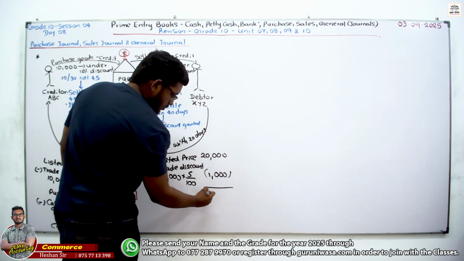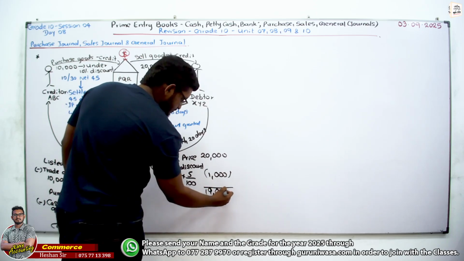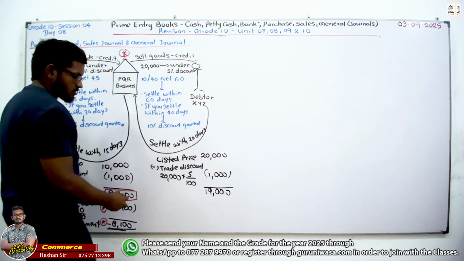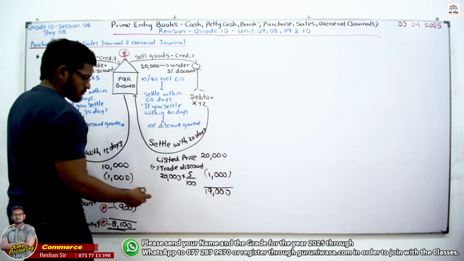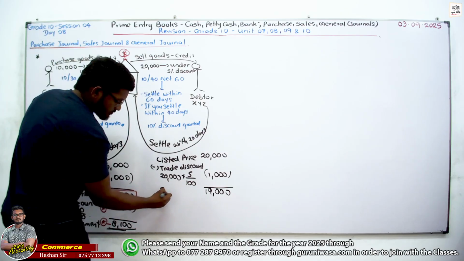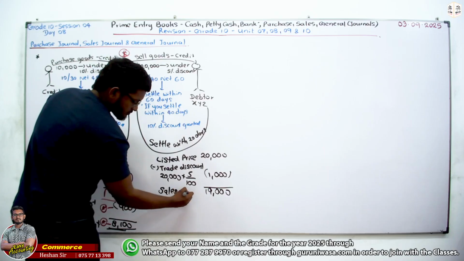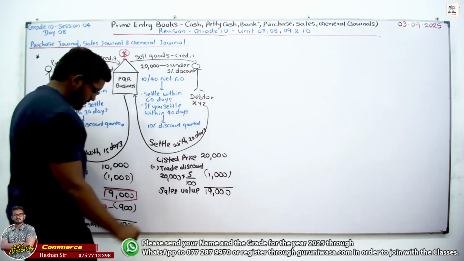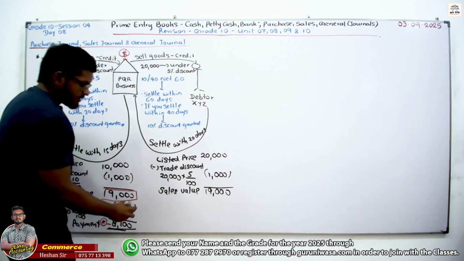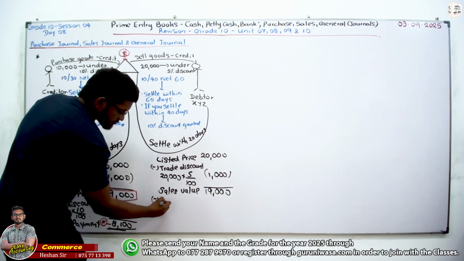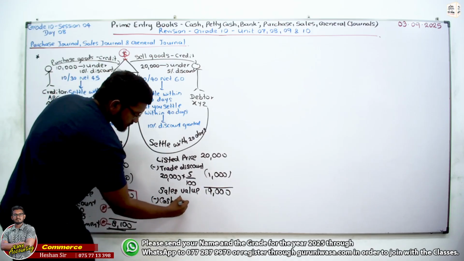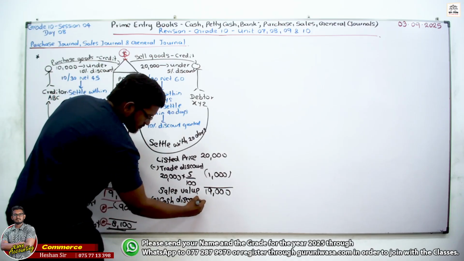So 19,000 is the sales value. Then deduct cash discount.